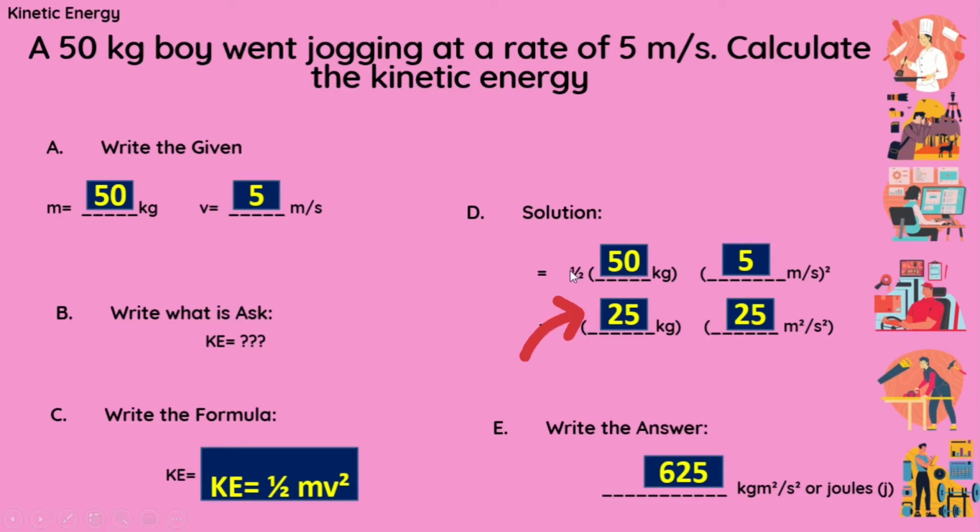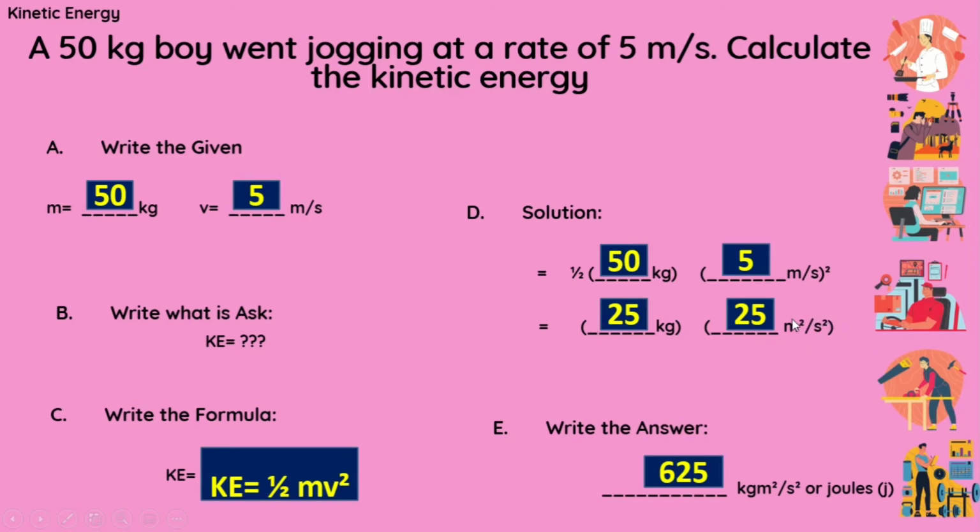Kung ayaw nyo ng 1/2 of 50, 1 times 50 is 50 divided by 2, then you have 25. Paano naman nakuha itong 25 na to? 5 times 5. Bakit siya 5 times 5? Squared. Velocity squared. The value of velocity is 5. So 5 times 5 is 25.